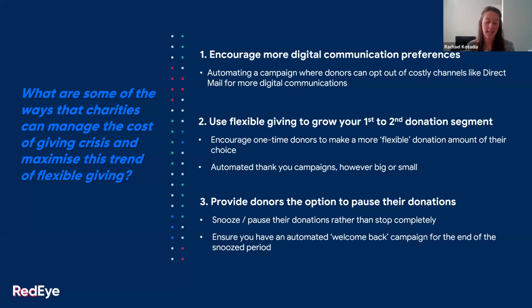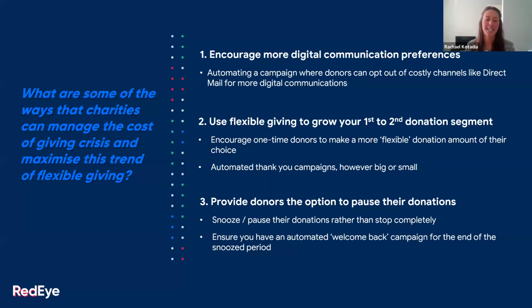Because as we know, and again, not too dissimilar to other industries, the single purchase segment, or in your case the single donation segment, is often the biggest. So by encouraging maybe a second, more flexible donation, you're more likely, hopefully, to persuade them to give again, rather than just asking them to donate a specific amount that matches what they did before, or even asking them to donate more.